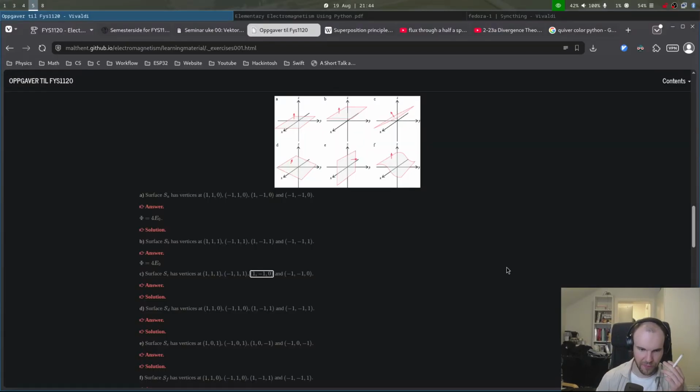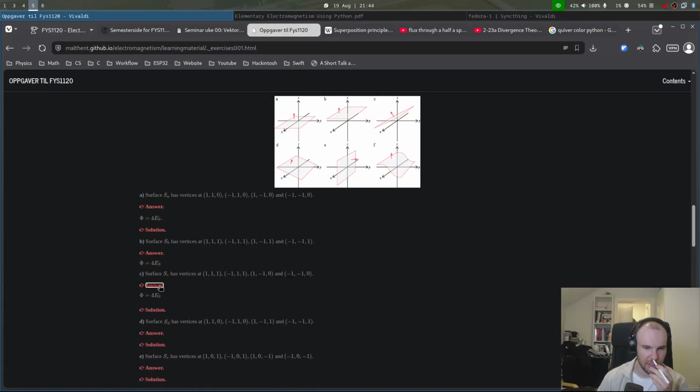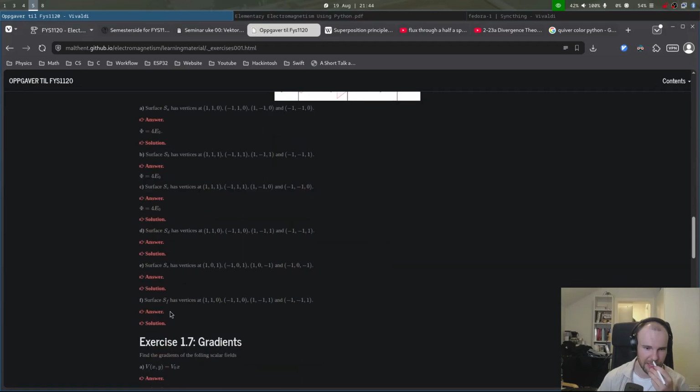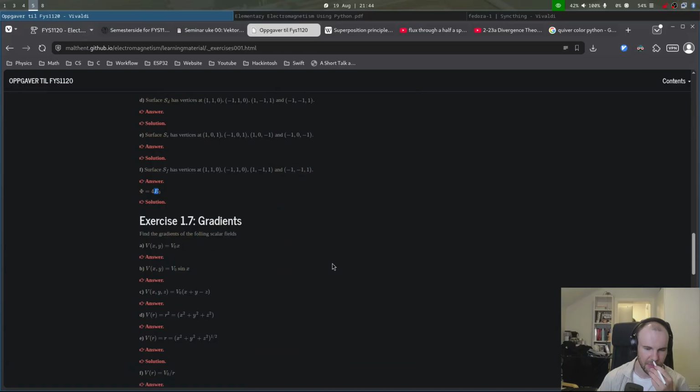A fun thing to do. The other ones are pretty easy. This one is 0. And this one, if you use that same principle and project this onto here, it has the same width and the same length, so it will be the same solution. Perfect.